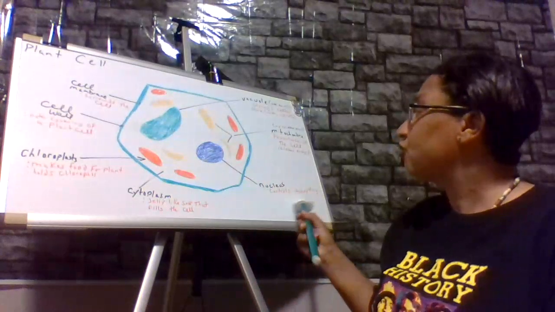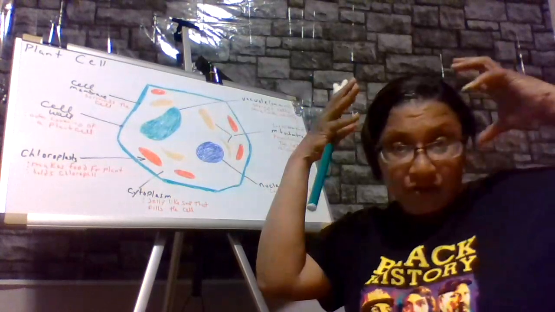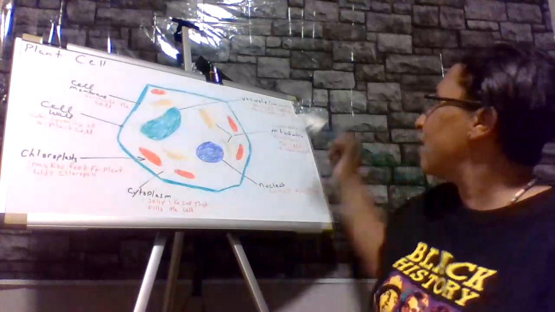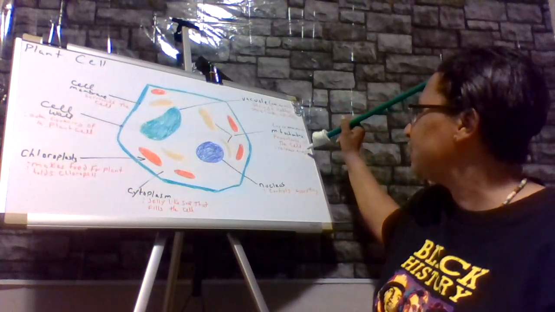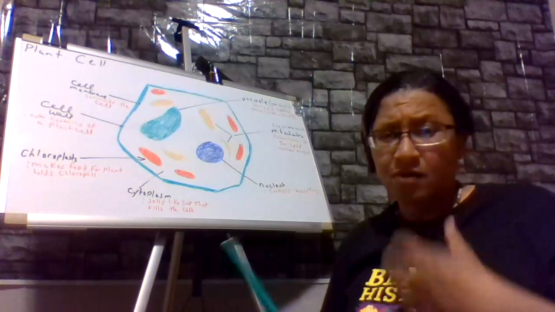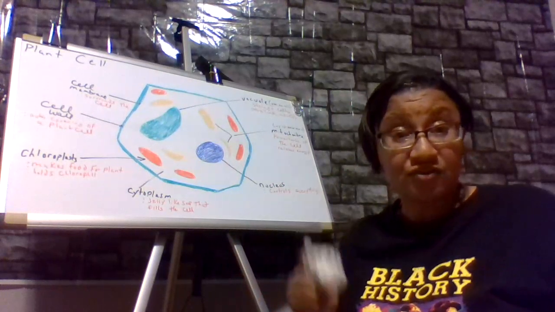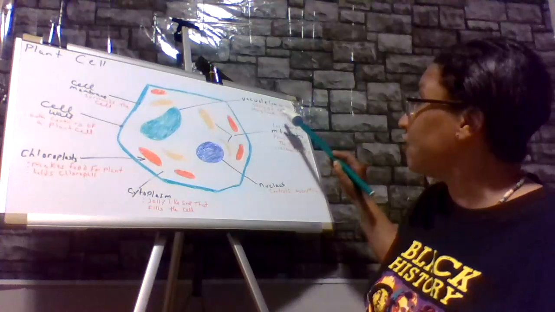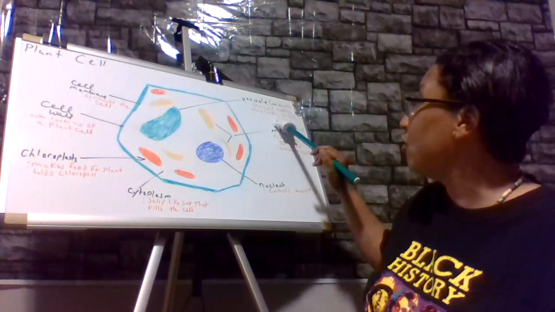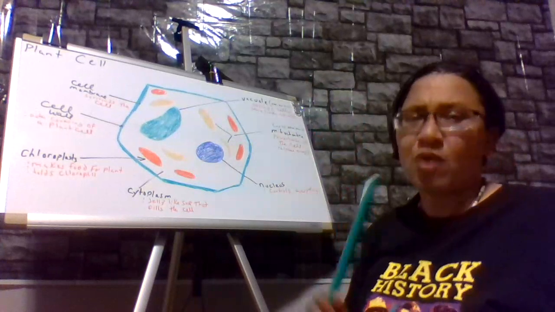The nucleus controls everything, like the brain. Then we have the mitochondria, the powerhouse of the cell, releases energy, kind of like our heart, powerhouse of our body, or think of the Energizer Bunny and the battery. And then we have the vacuoles. It's the storage cell. It stores water and nutrients, almost like a warehouse.